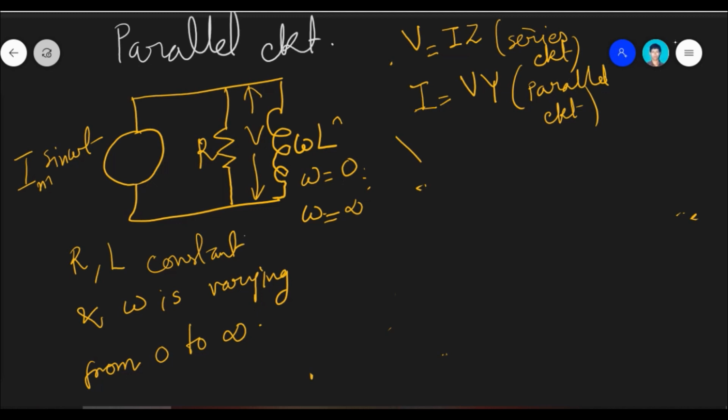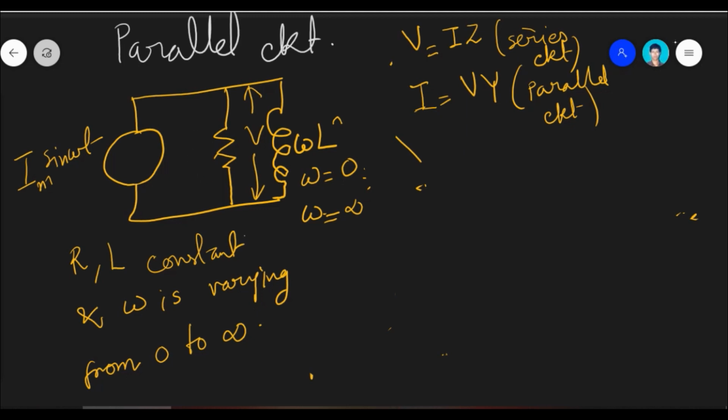It is desirable that while dealing with a parallel circuit, you handle it from the perspective of admittance and its components, and while dealing with a series circuit, you deal in terms of impedance.